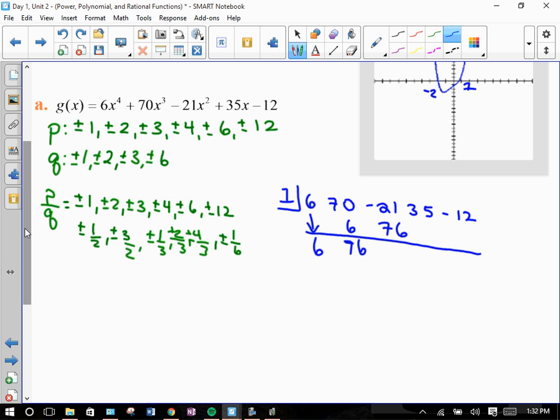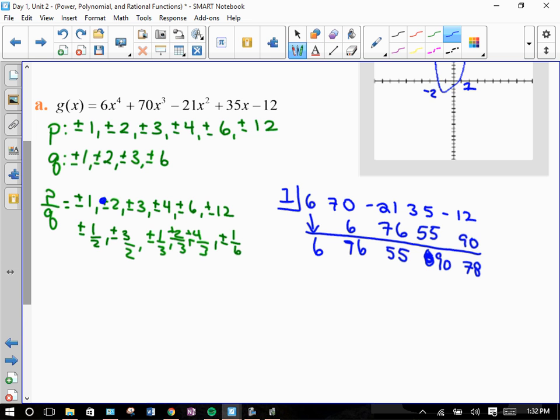That's going to be what? 5, 5, 90, 90, 78. All right, all non-negative. Therefore, this is an upper bound. So 1 is an upper bound.